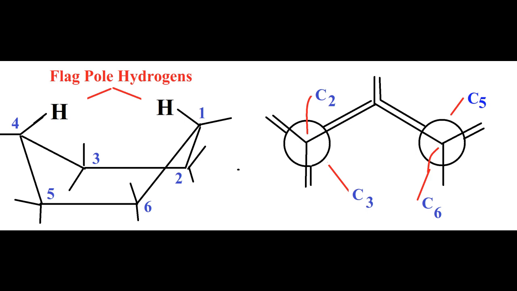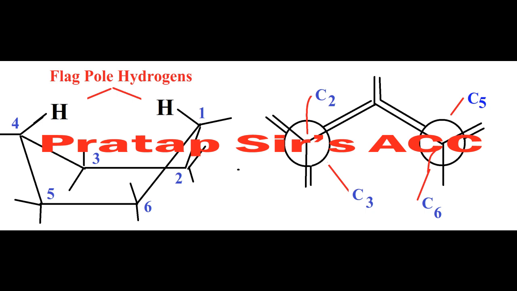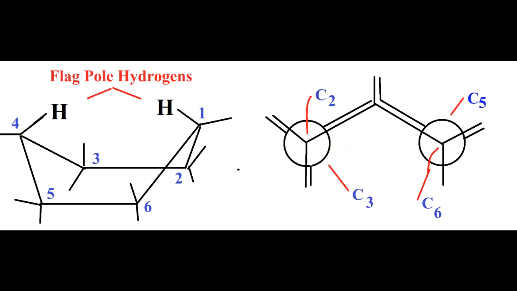These strains raise the energy of the boat conformation by about 30 kilojoules per mole compared to the chair conformation. Hence, the boat conformation is less stable than the chair conformation.